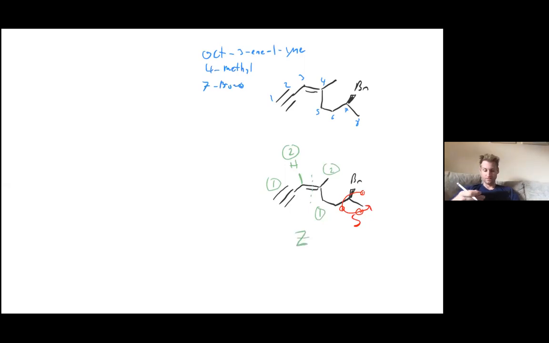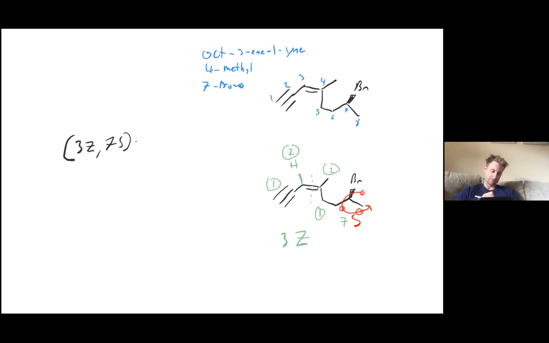So putting this all together, our double bond is on 3, so it's a 3Z. Our Br is on 7, so it's a 7S. We would have parentheses 3Z, 7S, then alphabetical order.